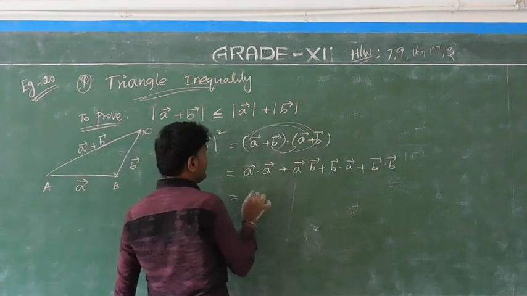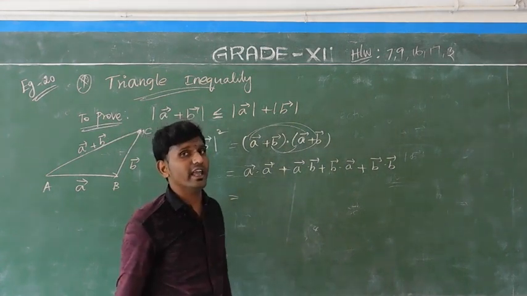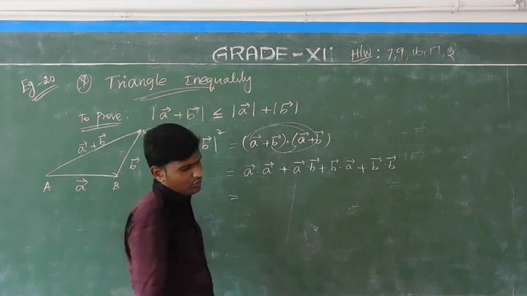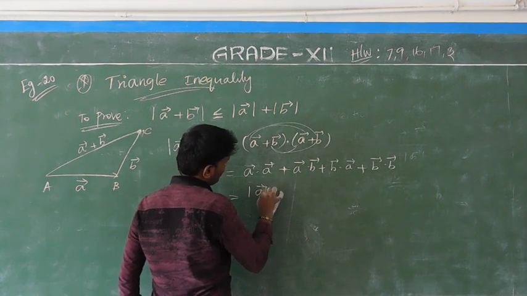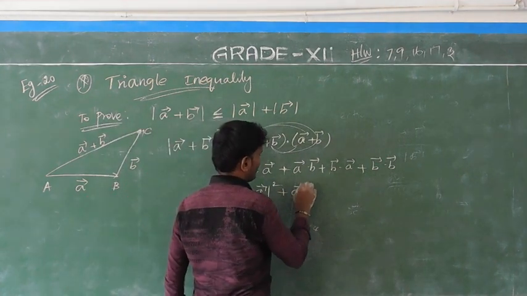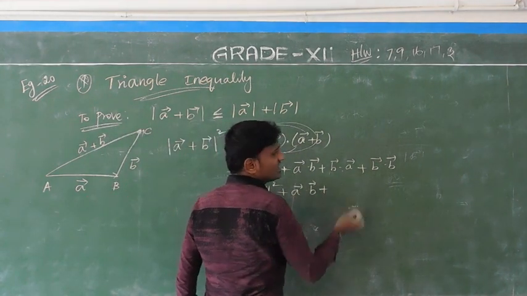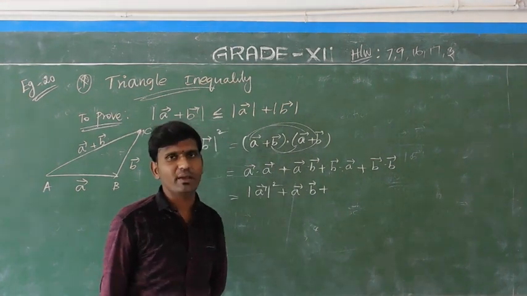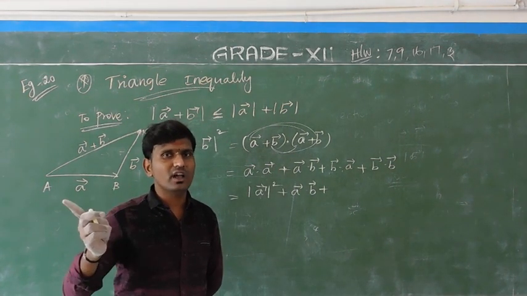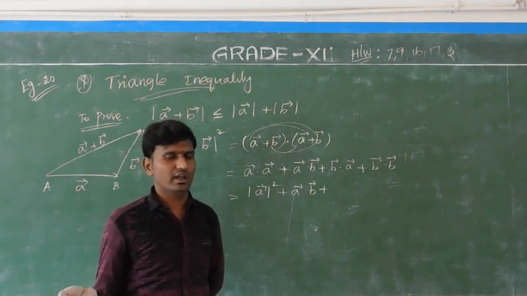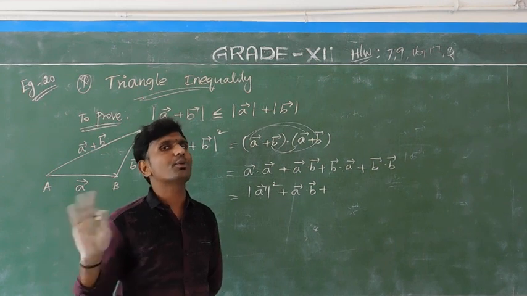And next, do you know the value of A dot A? That is A the whole square, or modulus of A the whole square. Now I am taking modulus of A vector the whole square, plus A dot B, plus B dot A, which equals A dot B because A vector and B vector are non-zero vectors, by the commutative property.